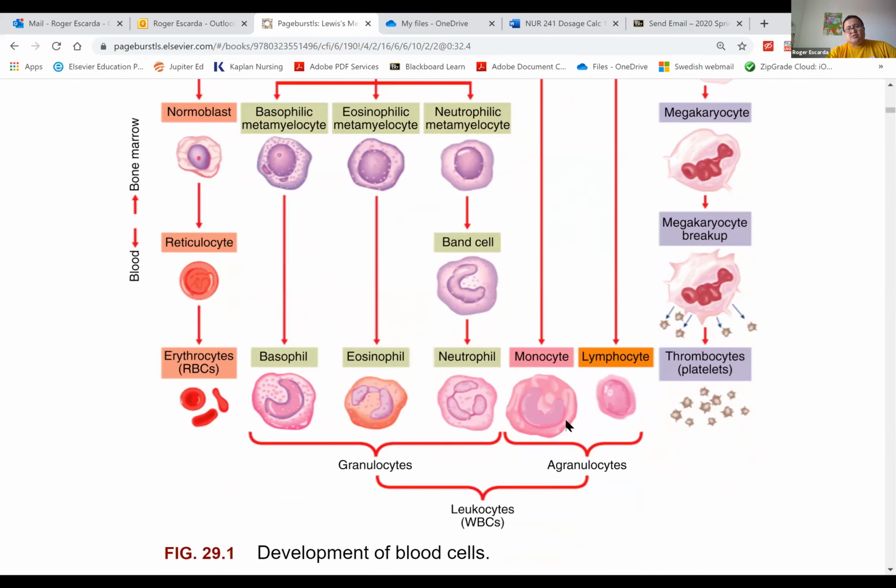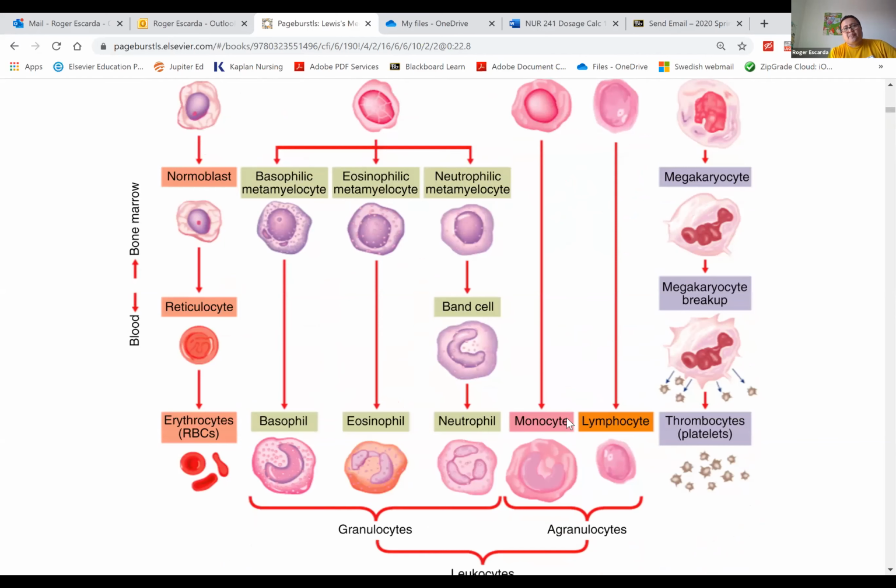So this will give you an idea about what will be the effects of what type of leukemia you have, for instance. So when we say the patient has acute or chronic myelocytic leukemia or myeloid leukemia, for instance, that means the defective stem cell is the myeloid type. Whereas if it's lymphocytic leukemia, the affected stem cell is the lymphocytic or the lymphoid stem cell.